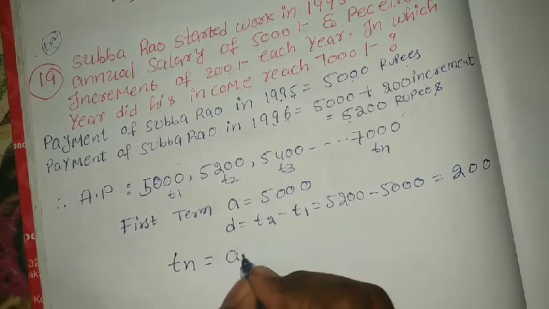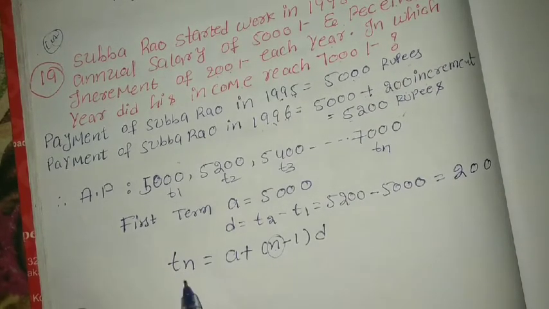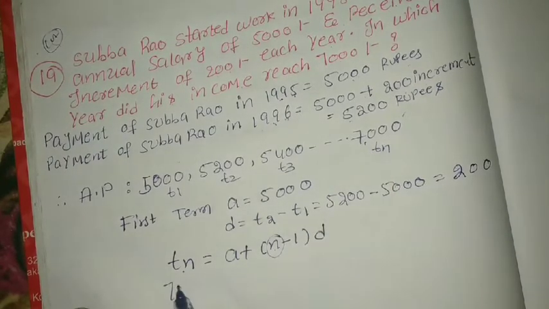So let's start. How to find n here? Tn is equal to a plus n minus 1 into d. See, we need to find n. What is Tn? It is 7000.